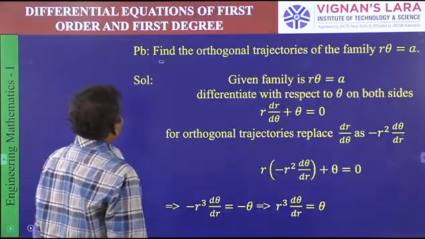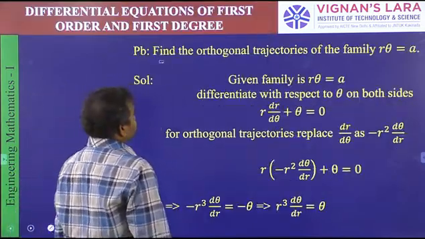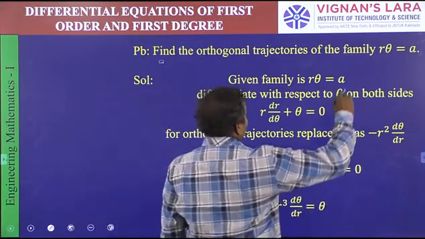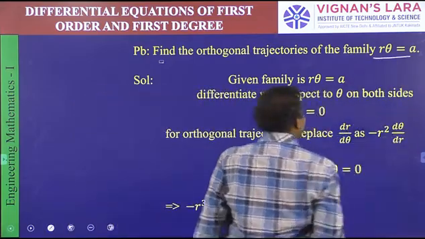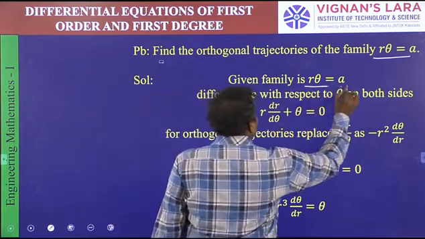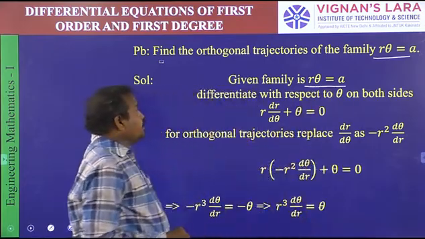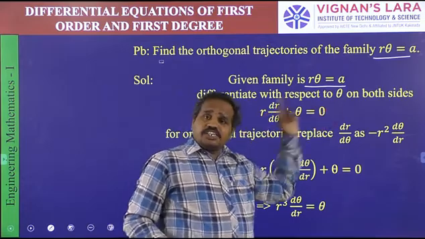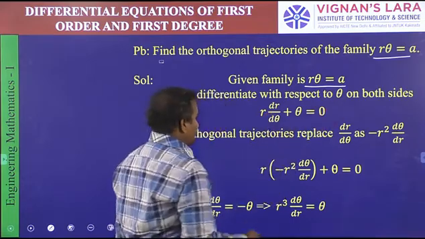So on this we are going through an example. Find the orthogonal trajectories of the family r theta is equal to a. Given family is r theta is equal to a. Here the independent variable is theta. Differentiate with respect to theta on both sides.